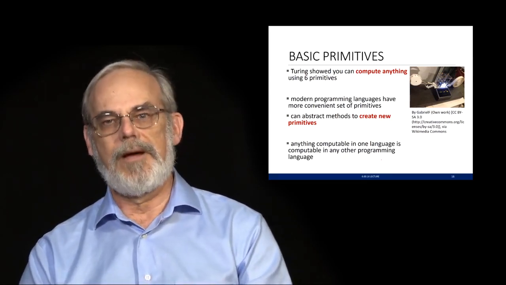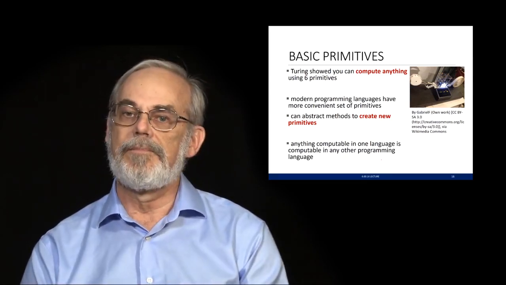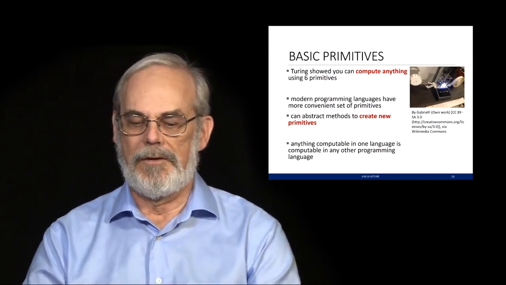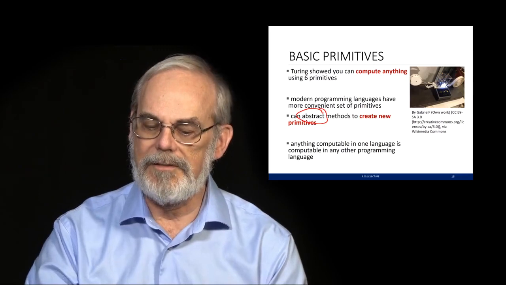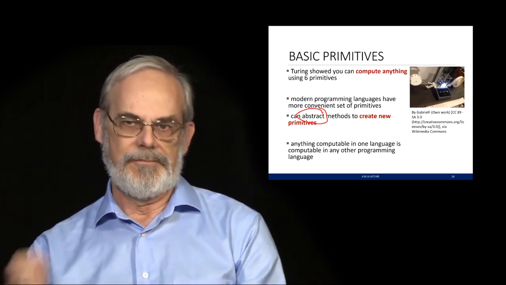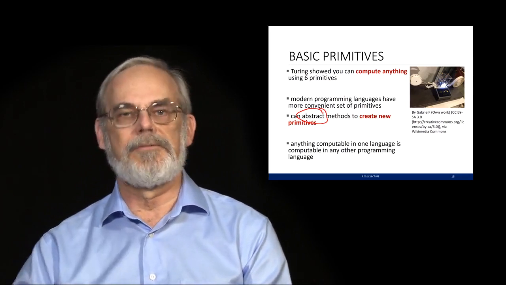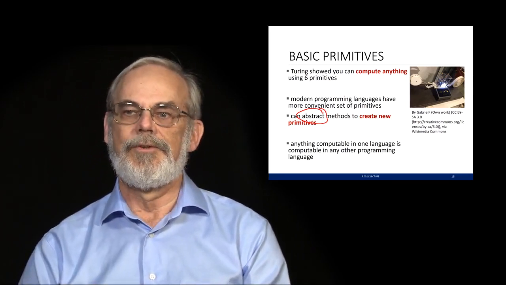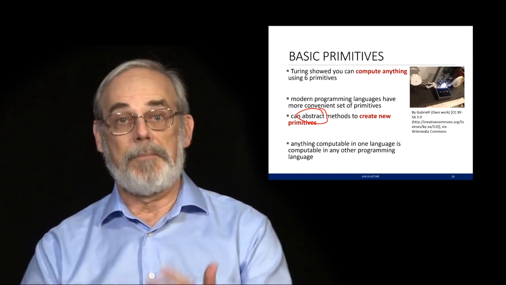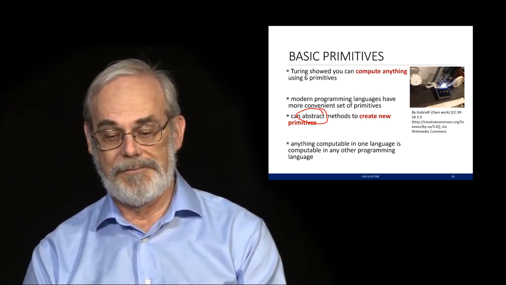What you want to do is write descriptions, like that square root program that we talked about earlier, and then abstract them. And I'm going to highlight that word because abstract is going to be really important. You want to treat that square root as if the manufacturer had built a little primitive and installed it in your machine. You want to be able to use it as if it was something that came with the machine. And that's what the power of computational thinking is going to give us.